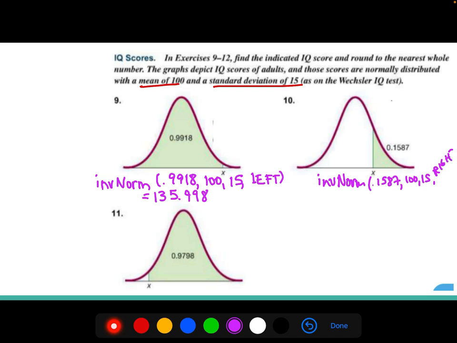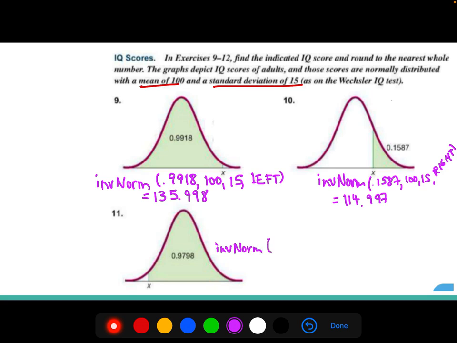And look, this one's to the right. I'm going to use that on the calculator. We haven't used that so far because we usually have to convert everything to the left for our charts. But why use the table when you can use the calculator? 114.997.